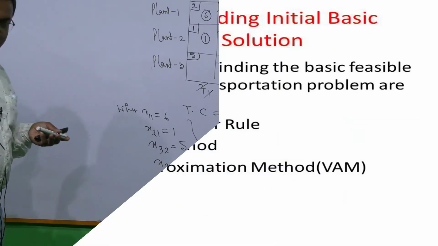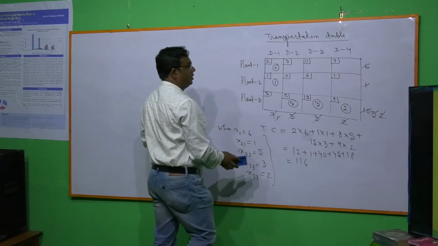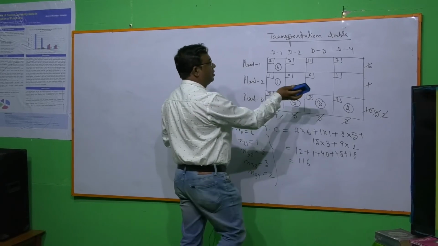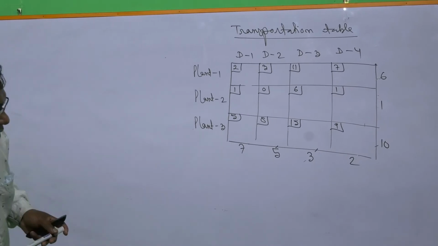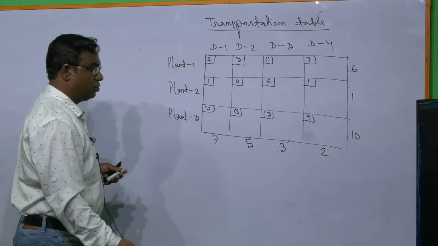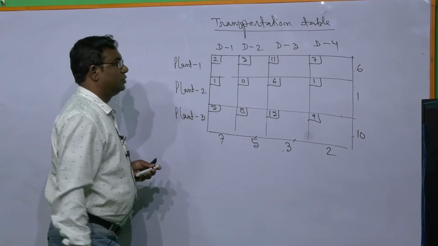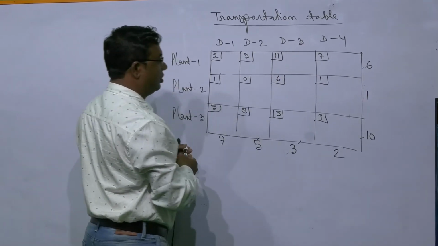Then next, let us see the second method, the least cost method. So I will start again. Next, the least cost method. First you have to check all the transportation costs of the table as a whole.